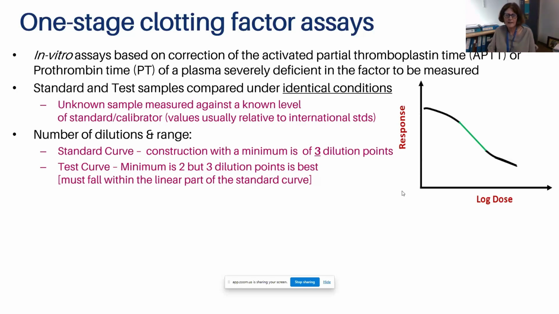If we see that in a patient, we're immediately going to go, it's an isolated prolonged APTT that corrected. We're going to go on and investigate the patient for intrinsic factors. So the main ones that we're interested in are factor VIII, factor IX, and factor 11. And we do this by doing one-stage clotting factor assays. And these are all based on an APTT. So we have a standard sample and a test sample.